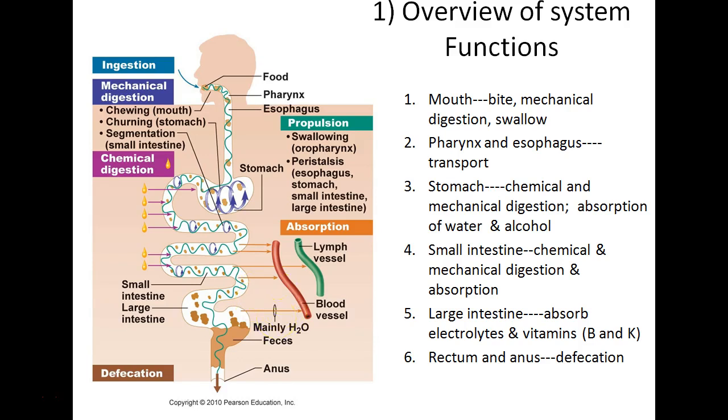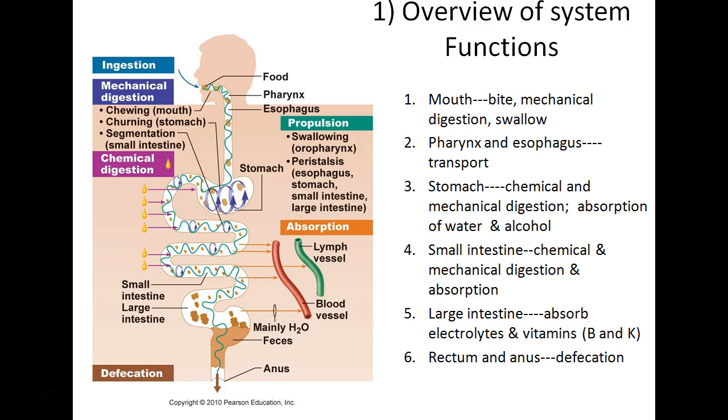And that undigestible matter is stored in the rectum, and there are muscles in the anus that release the contents of this rectum, and that process is called defecation, aka elimination.